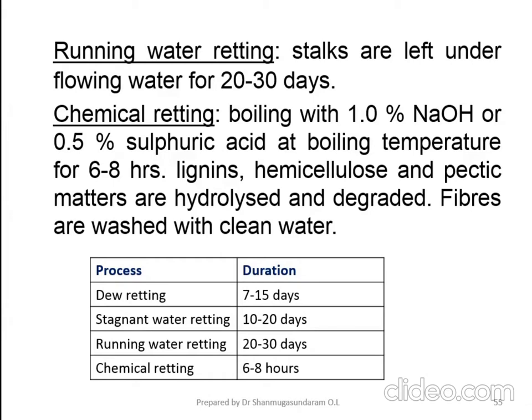But while choosing chemical retting, you have to keep in mind the concentration of sodium hydroxide, it should not exceed 1%. Similarly, if you choose sulfuric acid, the concentration should not exceed 0.5%. Similarly, the duration should be maintained. Otherwise, these chemicals will also affect your fiber properties. So that is the reason you have to maintain the conditions during the chemical retting process.